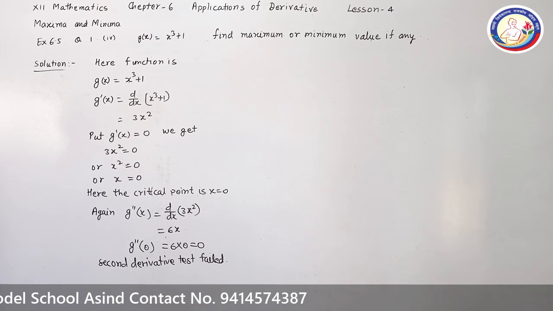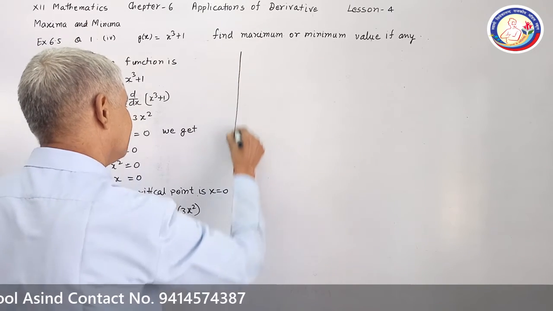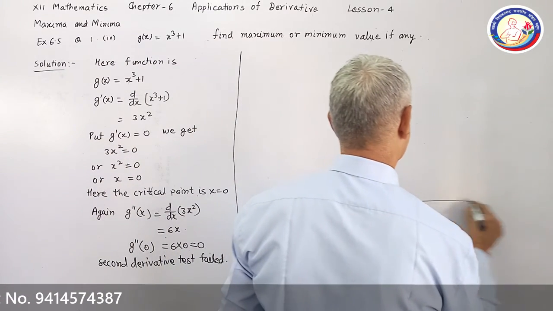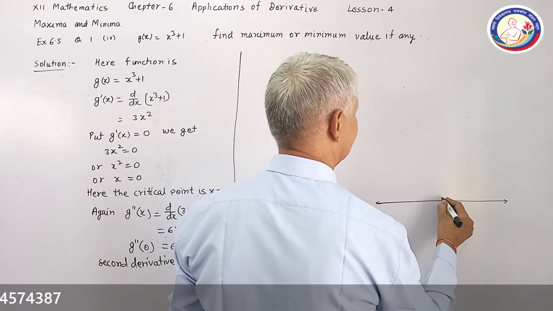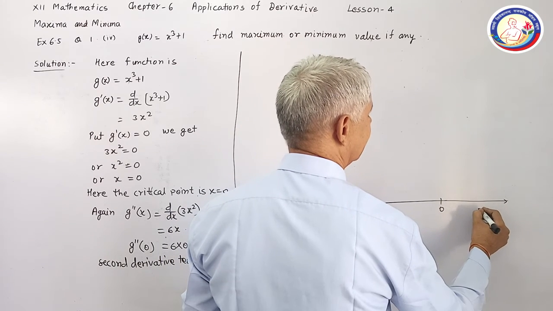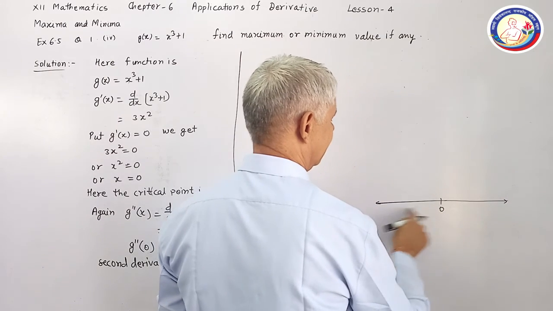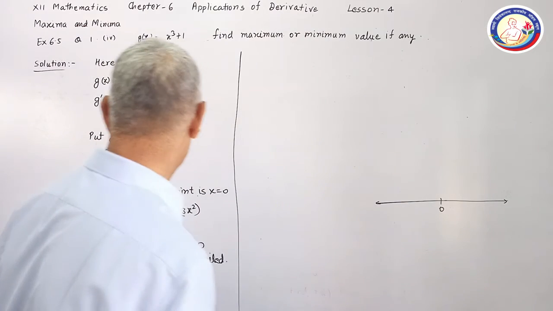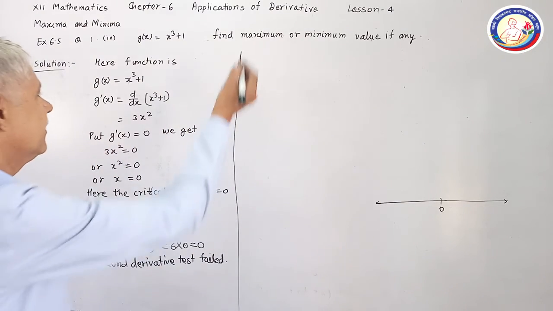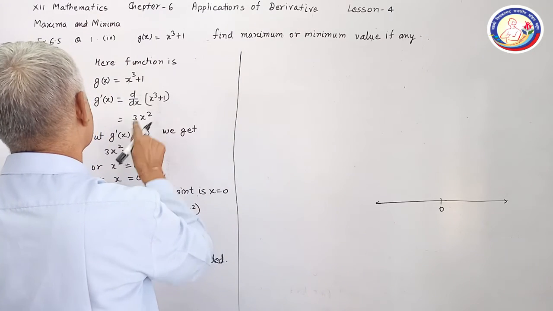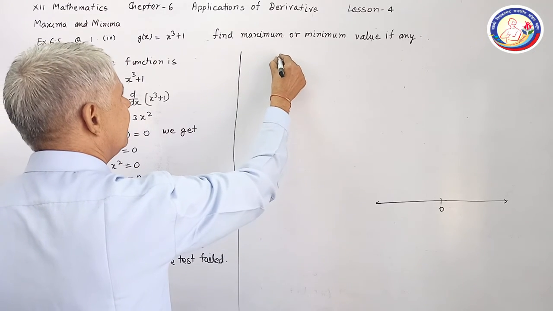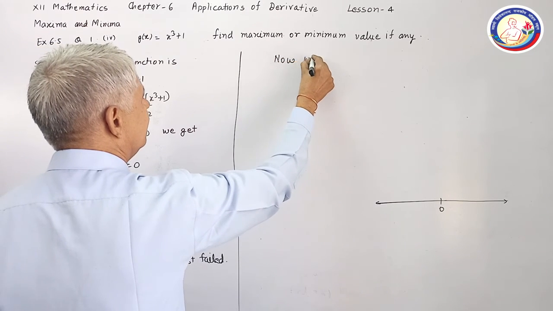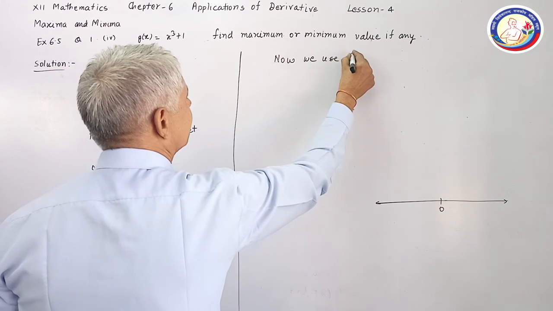So we will proceed towards first derivative method. I am explaining it with graph. This is a number line. So this is point 0, and here the values of x greater than 0, and in this part values will be less than 0. Now we use first derivative test.